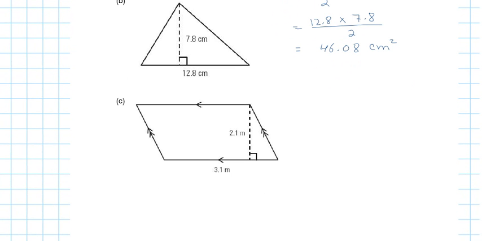That's the definition of a height. It has to form a right angle with your base. Okay? So this is easy. I have my height and I have my base.